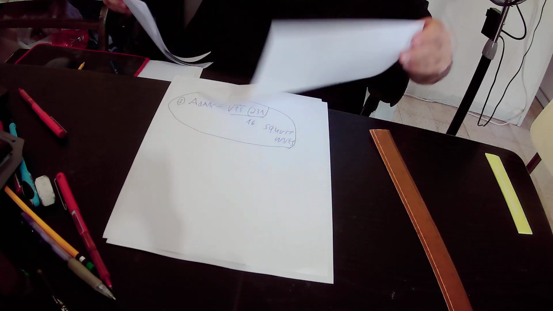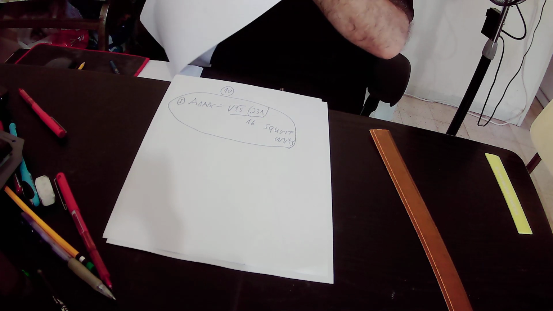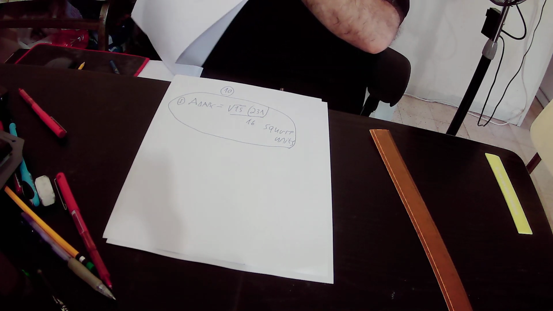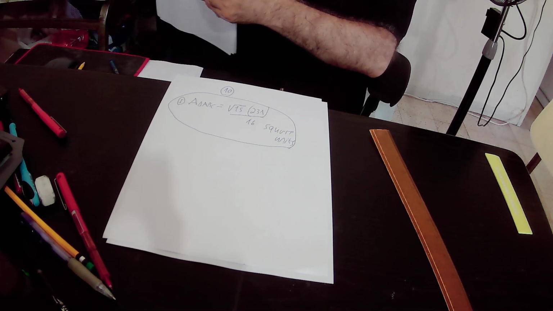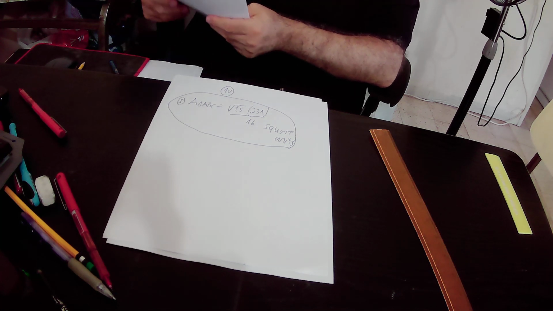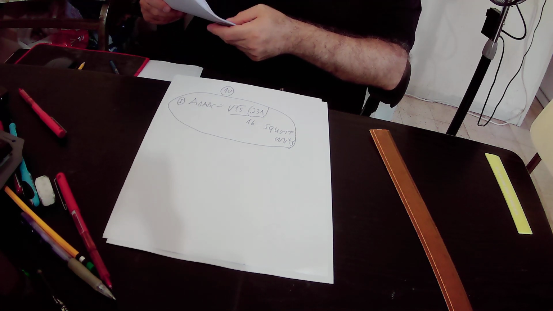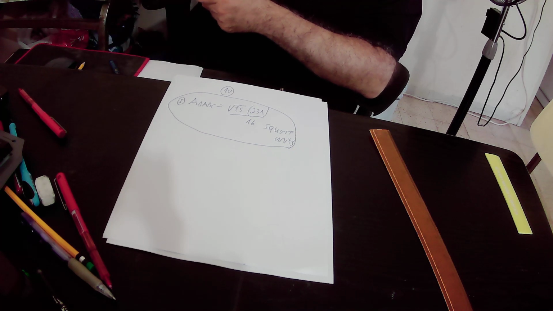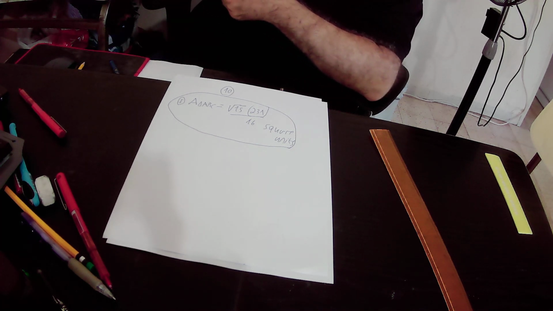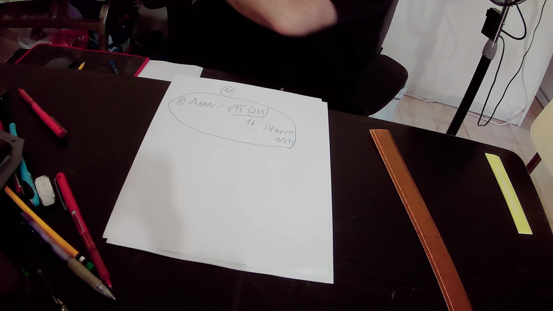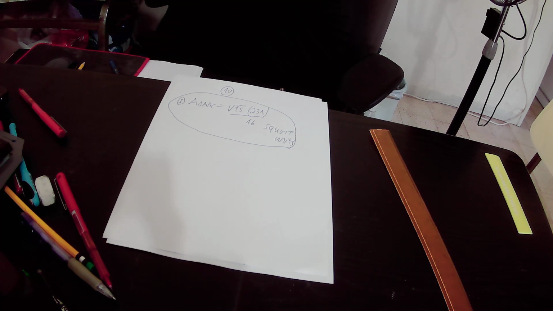So we have the same result for the area of triangle ABC. It is the same in both methods. That is the implication that we didn't make any mistakes.